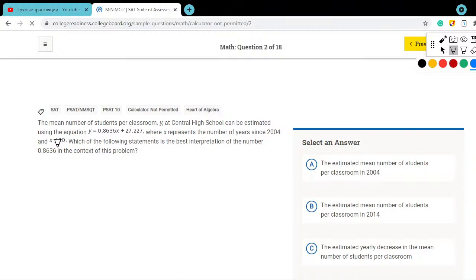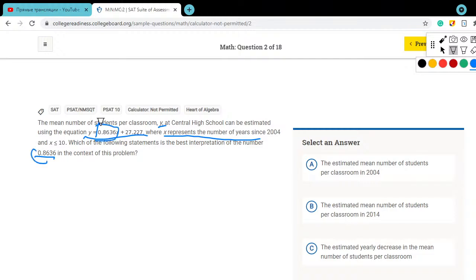The mean number of students per classroom, Y, at Central High School can be estimated using this equation, where X represents the number of years since 2004, where X is less than or equal to 10. Which of the following statements is the best interpretation of this number in the context of this problem? So here, this is exactly what it was in the previous question.